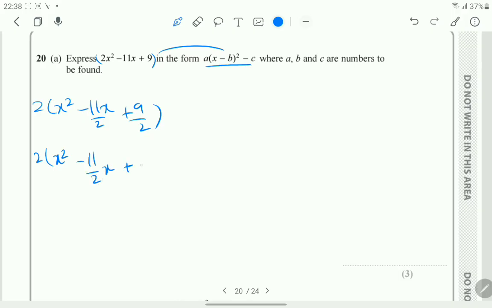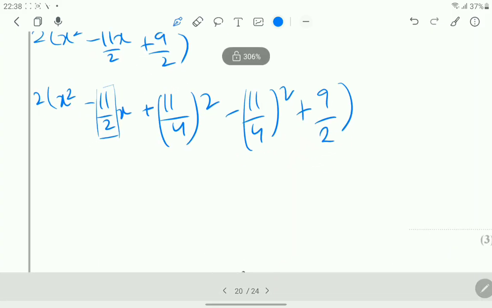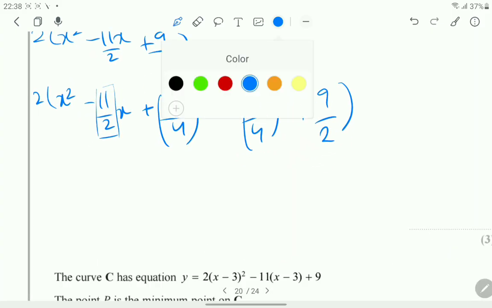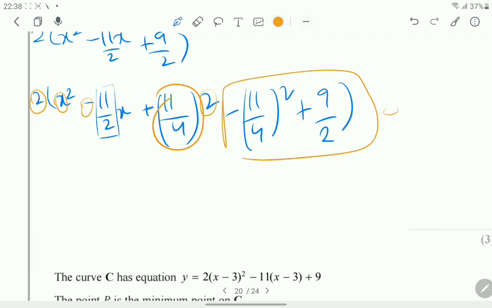We take the coefficient of whatever is with the x, divide it by 2 and square it, so minus 11 by 4 square plus 9 by 2. So we now take these 3 items: x minus, and square, and this is our a, and the sum of whatever this is would be our c.